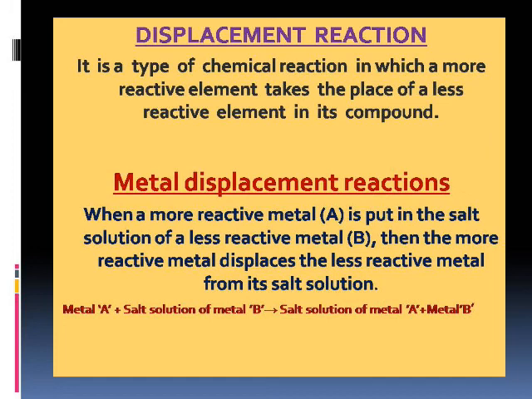Now, let us study the metal displacement reactions. When a more reactive metal is placed in the salt solution of a less reactive metal, then the more reactive metal displaces the less reactive metal from its salt solution.